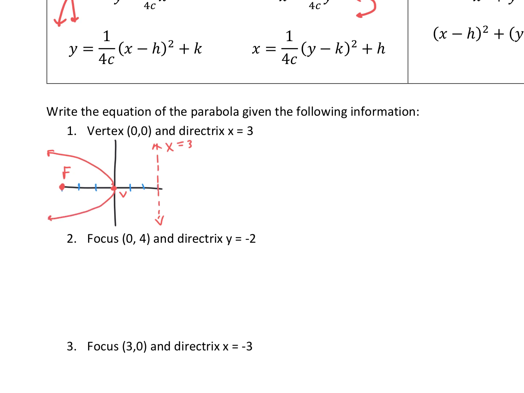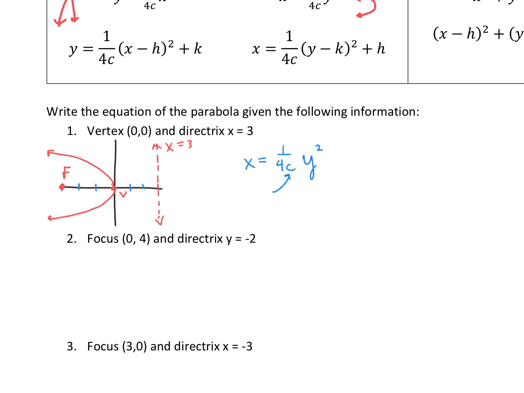So right now I can see that this is a parabola that's opening to the left with the vertex at the origin. So I know that the equation is going to be an x equals 1 over 4c times y squared. All we need now is that c value to write the equation here.